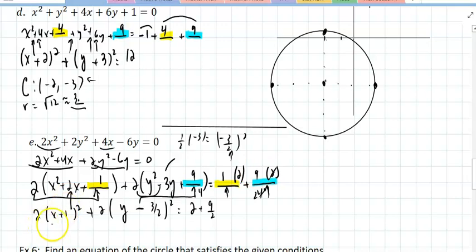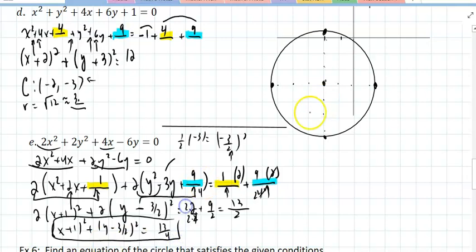So if I multiply by a half, I'm looking at (x plus 1) squared plus (y minus 3/2) squared equals, oh, and this I didn't work out, what that is, 4 plus 9 is 13. If I multiply by a half, that will be 13/4. That's the equation that I'm looking at. I have a center of (-1, 3/2), the opposite of this and the opposite of that, and I have a radius of radical 13 over 2.